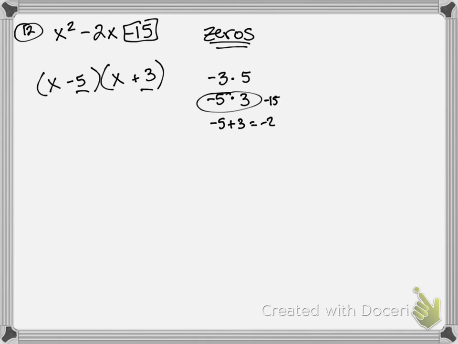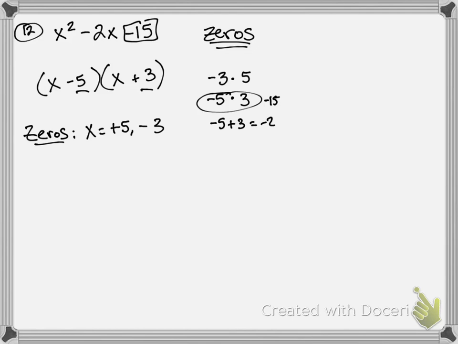Now that I got it like this, that's simple. If I just gave you that, couldn't y'all tell me the zeros? Negative 3. Bingo. So the zeros are at x equals positive 5 and negative 3. You just switch over the signs.